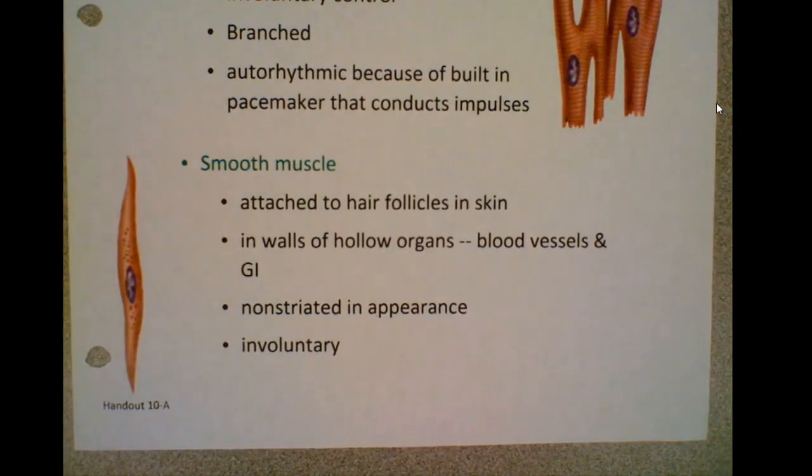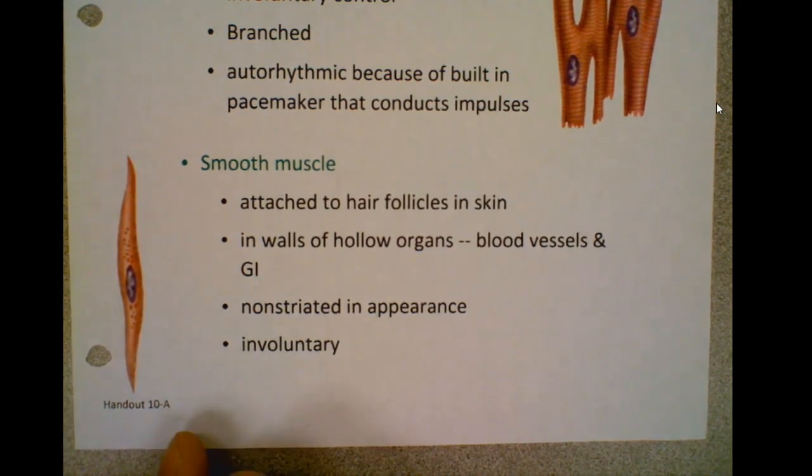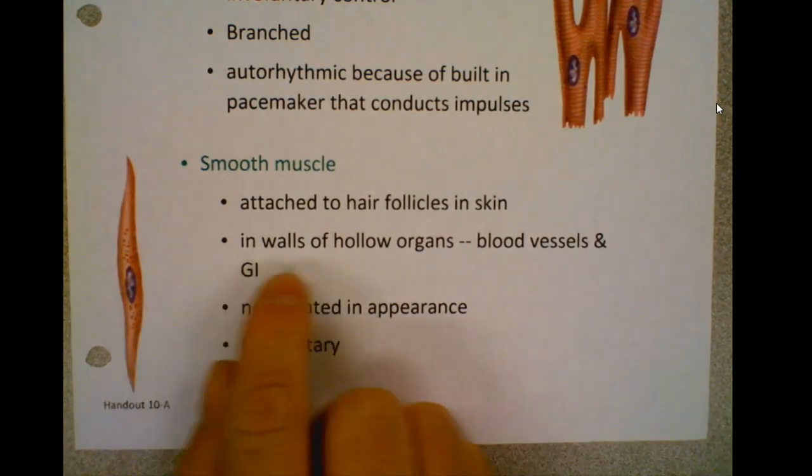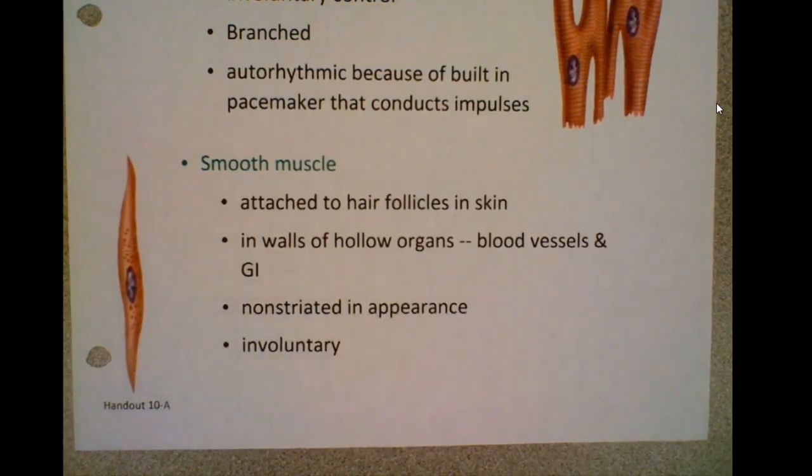So they are also in your skin. They attach your hair to your skin follicles, and it says they are in the walls of hollow organs. So we are full of hollow organs. Our digestive system, our reproductive system, our circulatory system all contain hollow organs with smooth muscle.